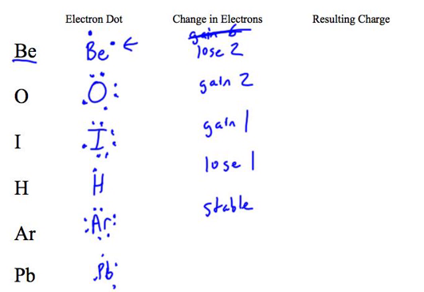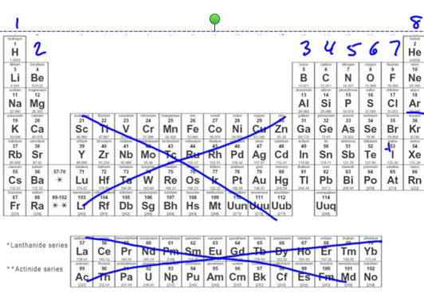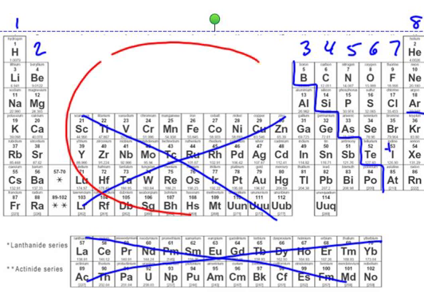And lastly, Pb, this is a little tricky, has 4. So you might think, well, it could gain 4 or it could lose 4. How do we know which? The best way is to go back to the periodic table. Most periodic tables have what's called a stair-step line along it. This separates the metals from the non-metals. Metals are everything on the left side of the staircase, and non-metals are everything on the right side.